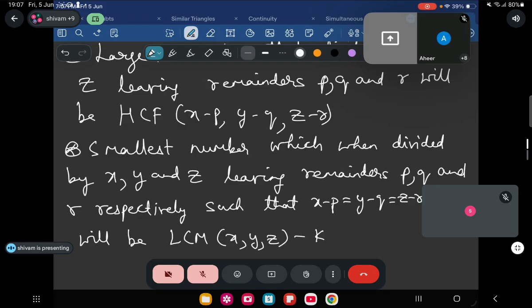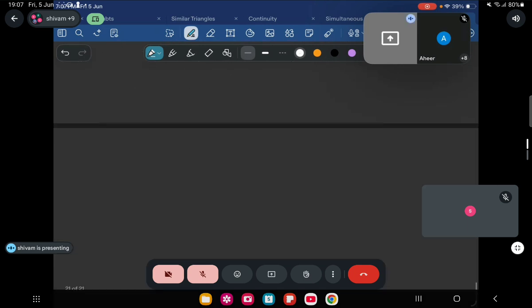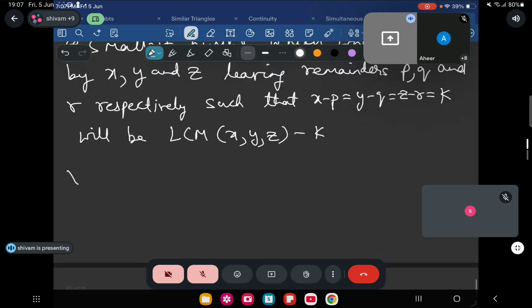Next, our next topic is the sum of all the divisors of n. Last day I discussed the number of factors of n.